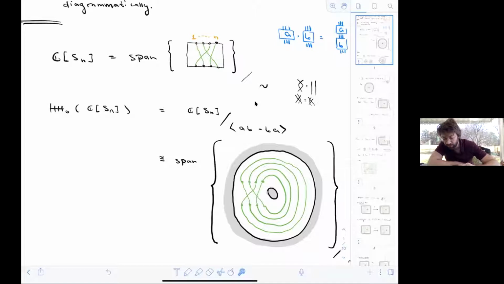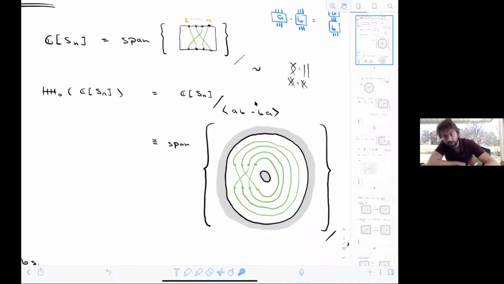Diagrammatically, we're identifying left multiplication with right multiplication, which means identifying top multiplication with bottom multiplication. So now instead of drawing our diagrams in a rectangle, we'll draw them in a rectangle with edge identification. We identify the top edge with the bottom edge, so that is the annulus we see pictured.